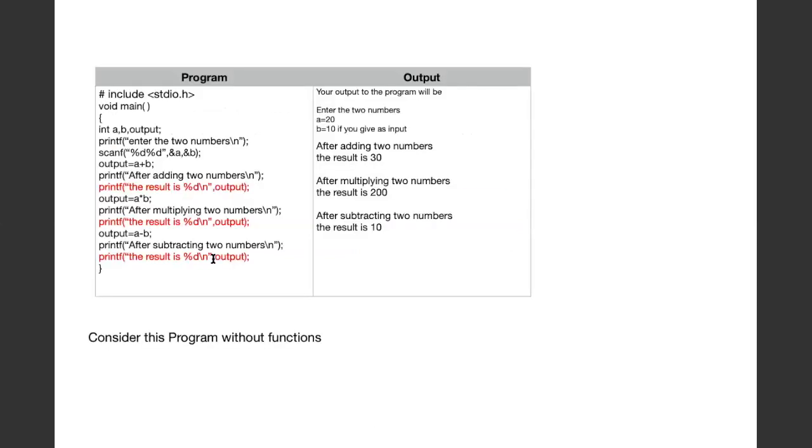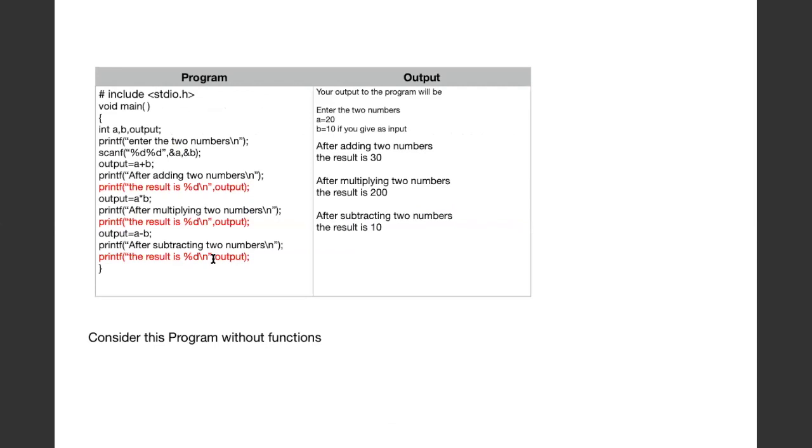Now let me show you a program which does some task. For example, we are taking a basic mathematical concept, where I want to write a program which performs addition, multiplication and subtraction. So how many operations have we taken?